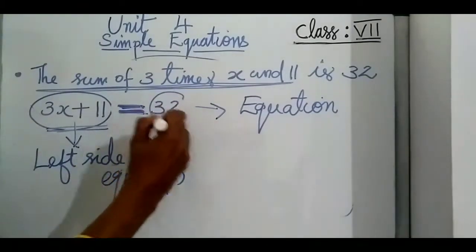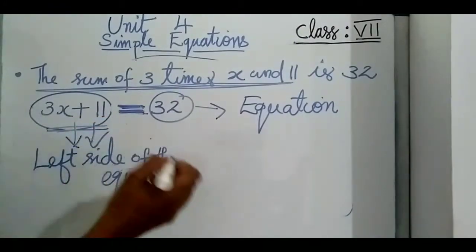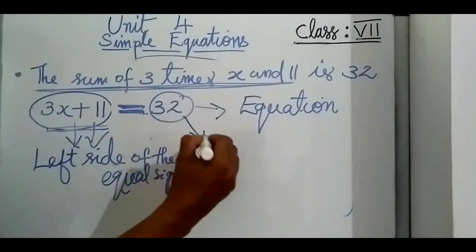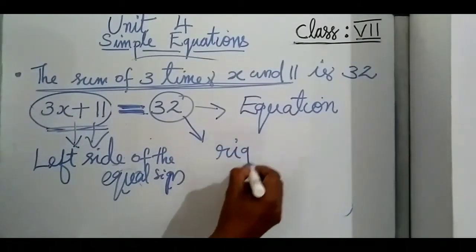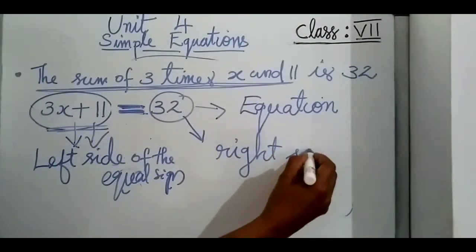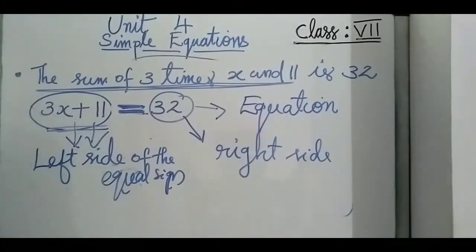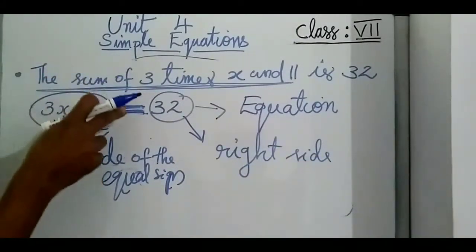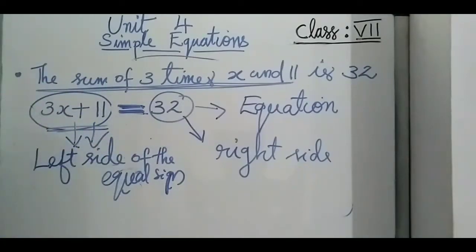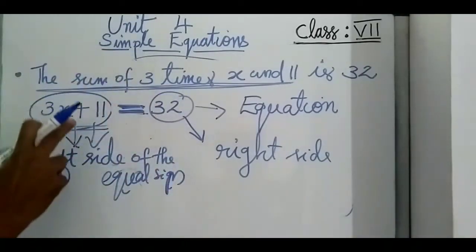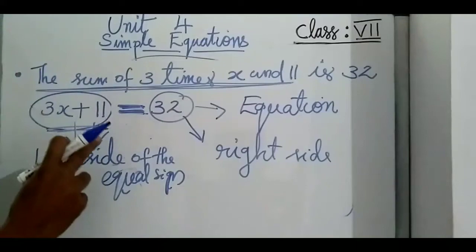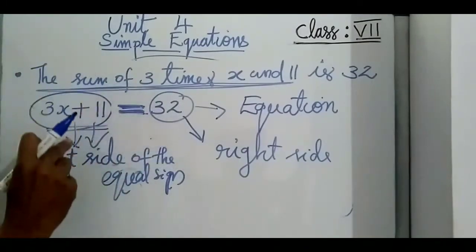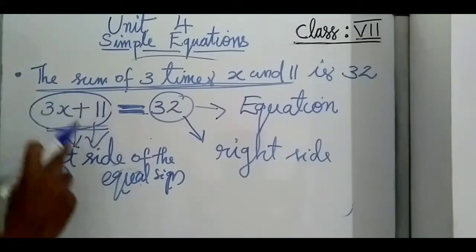This is the left side of the equal sign, and this is the right side of the equal sign. So we can say the equality sign shows that the value of the expression to the left of the sign is the left hand side.